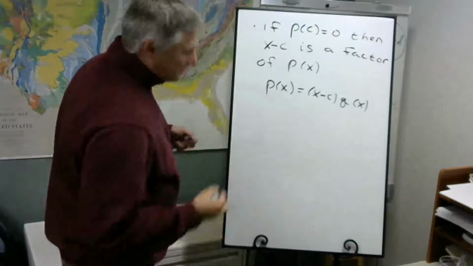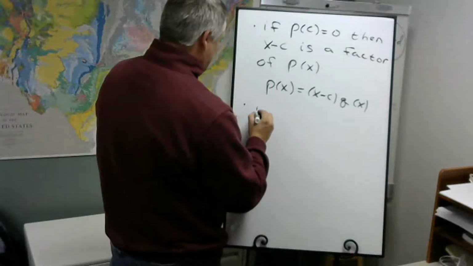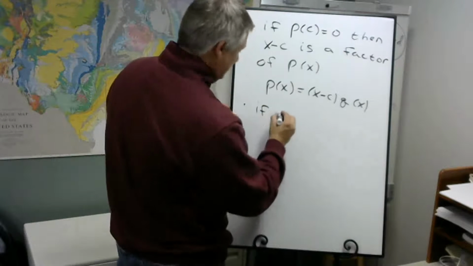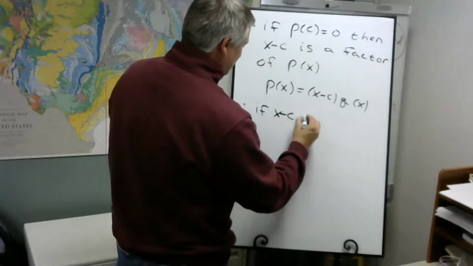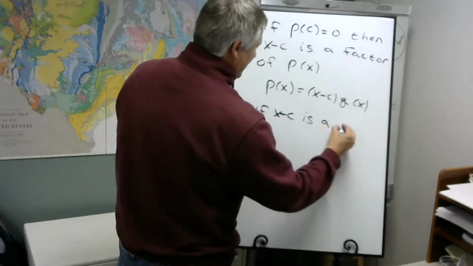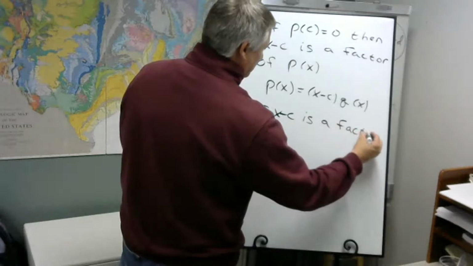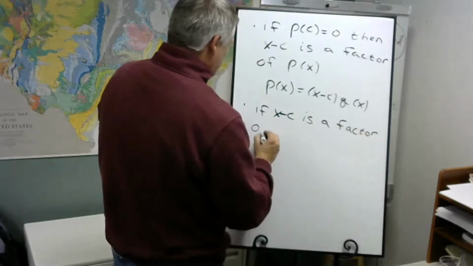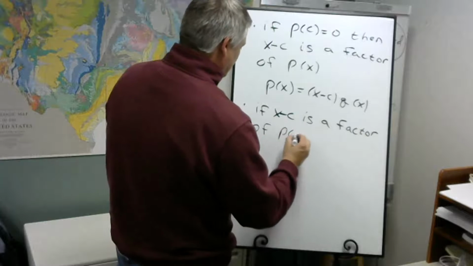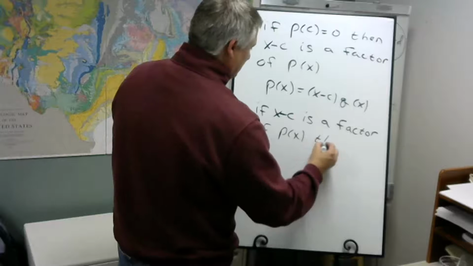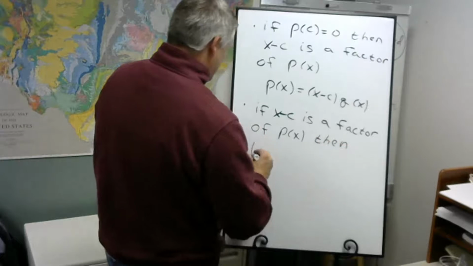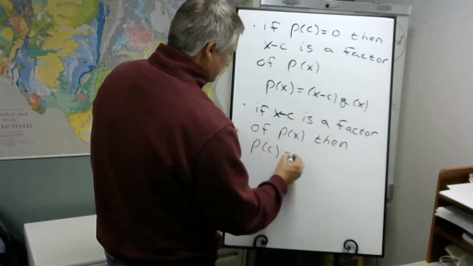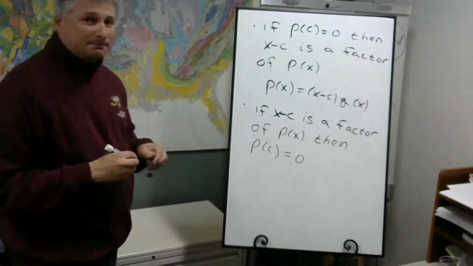And another way you can think of this, if x minus c is a factor of P of x, then P of C is equal to 0.